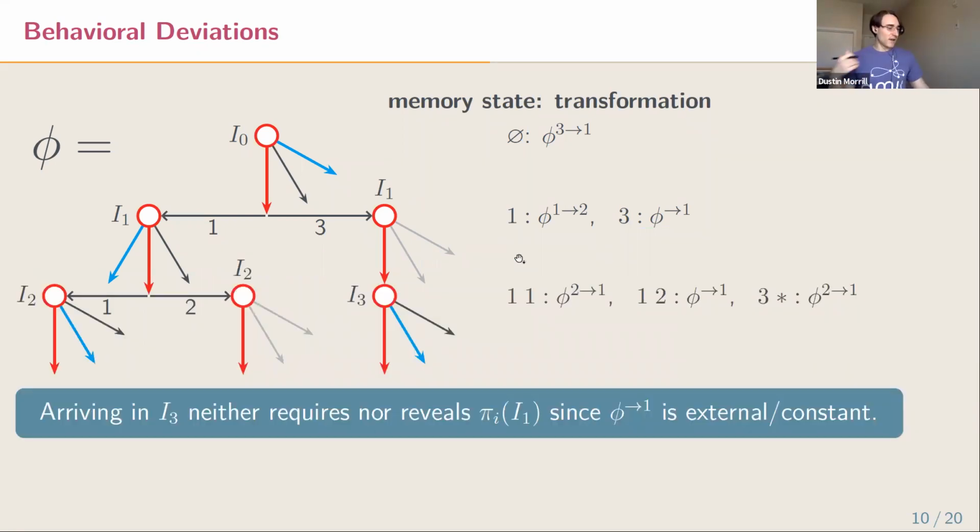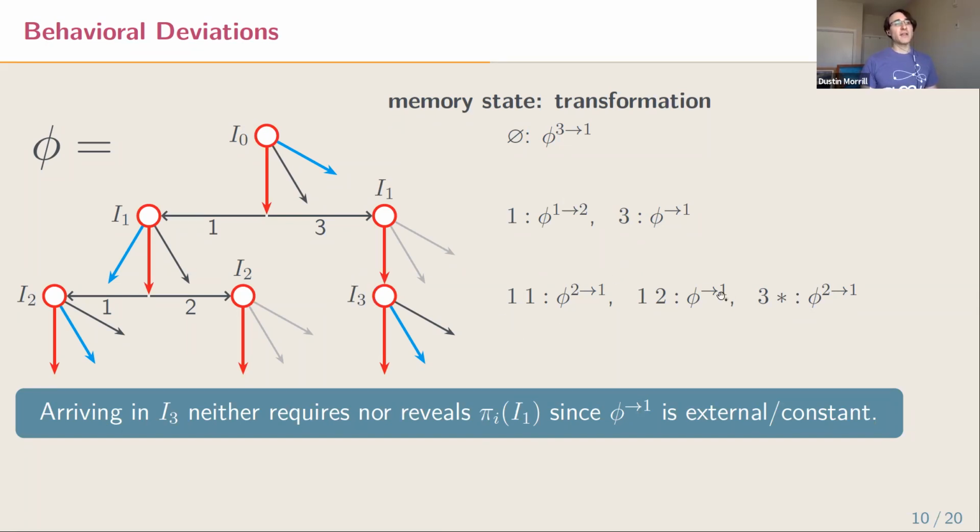Now in the next level, on the left, we can see that again, we split the number of memory states that we could have at the next information set because there are different ways that we could reach that information set. But on the right, since every input strategy will always have their action at information set I1 transformed to the first action, we're always going to reach information set I3.